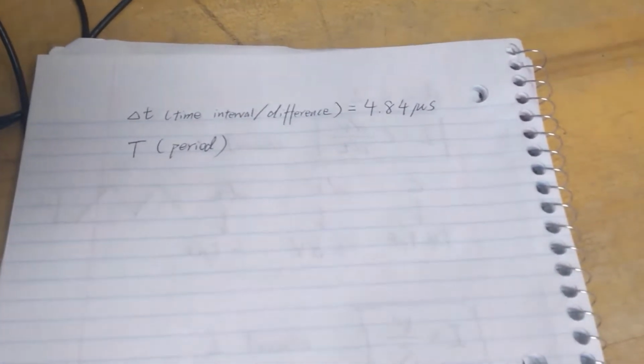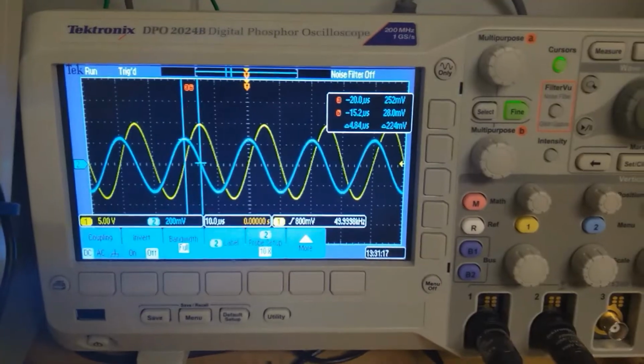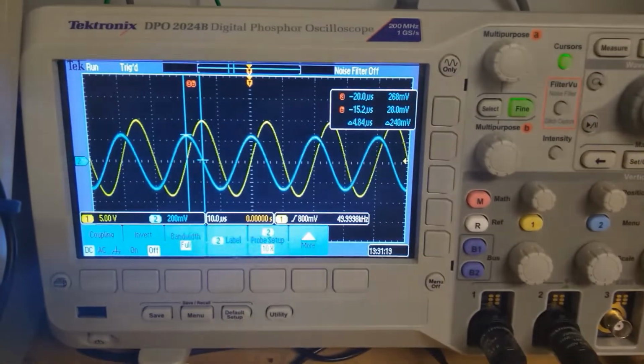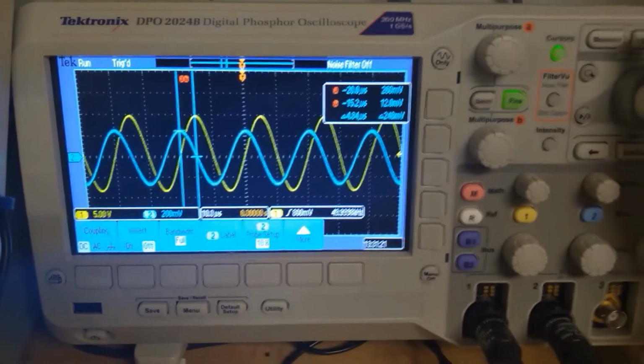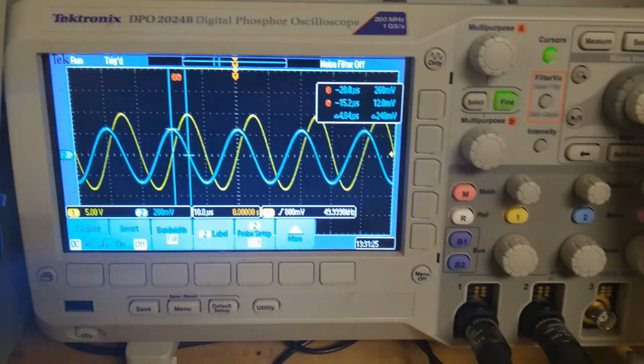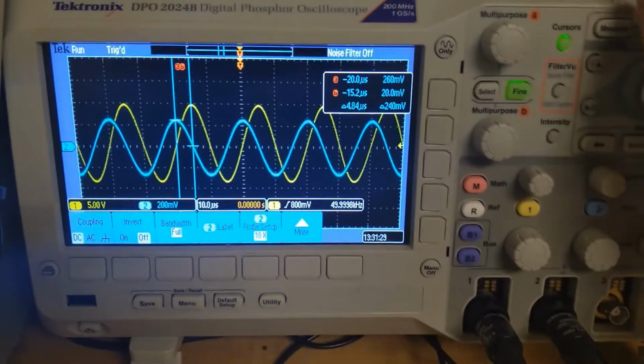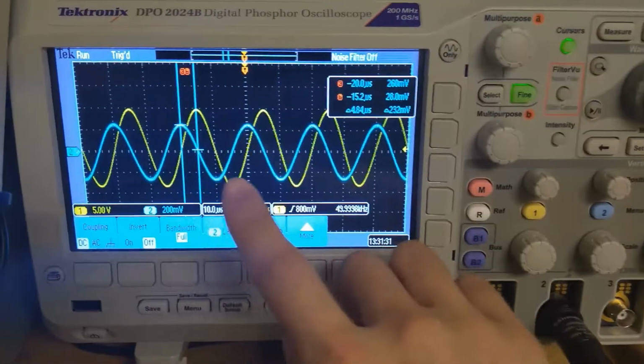The second value we want to measure is the period. Since we're using the same power supply, these two signals should have the same period, same frequency. So we only need to measure one of them. To measure the period, we need to put the two cursors at two consecutive identical points of one signal.